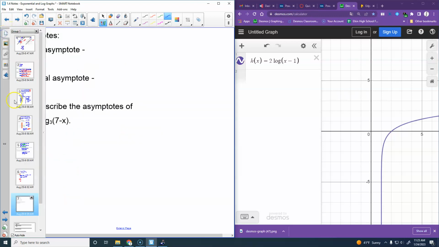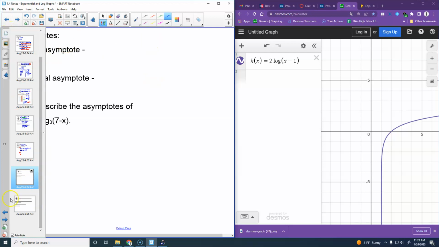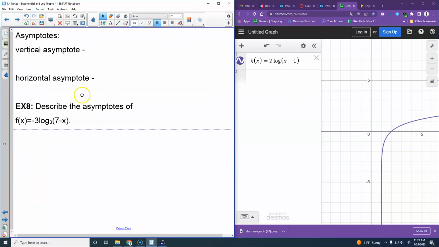All right, so we've got asymptotes, and then we've got end behavior that we've got to look at, and then we'll be done. So asymptotes, you've got vertical asymptotes and horizontal asymptotes.